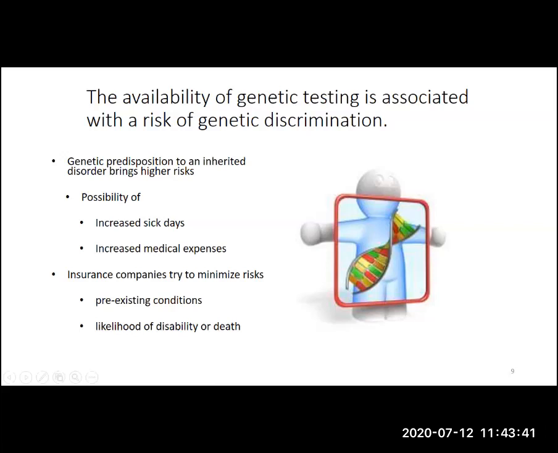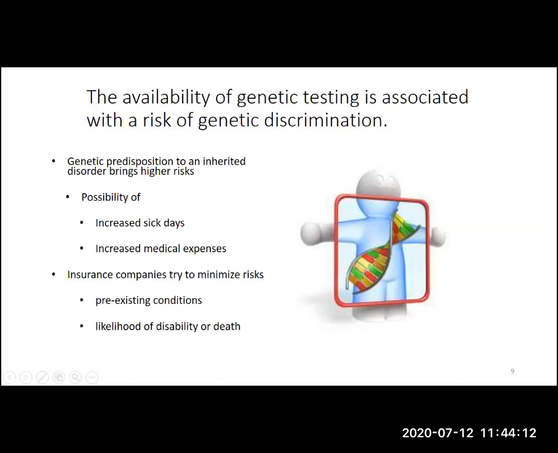And so because of that, they want to kind of avoid pre-existing conditions. They want to avoid people that have a high likelihood of disability and death. And so because of that, and some of this has changed recently with the Affordable Care Act, insurance companies don't want to basically sign up a bunch of sick people or people that are likely to get sick. They want to give insurance to healthy people that are going to pay them money, but not have a lot of expenses that are going to go along with it.